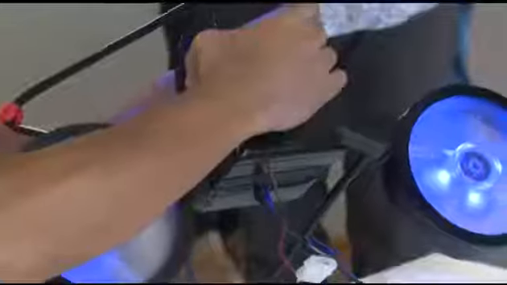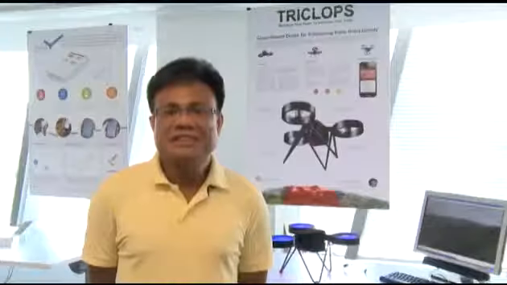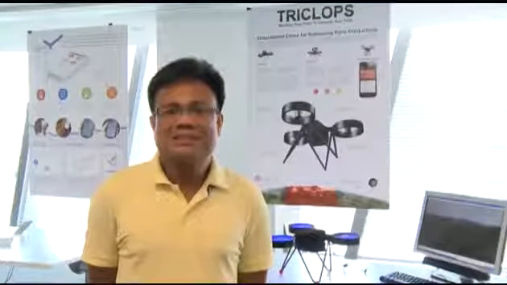I call my design Triclops. Triclops is special because I equipped this with a dual lens camera that provides a 3D image of the field, and another camera which is infrared that provides mass spectrometry.